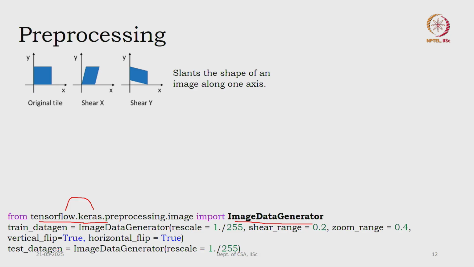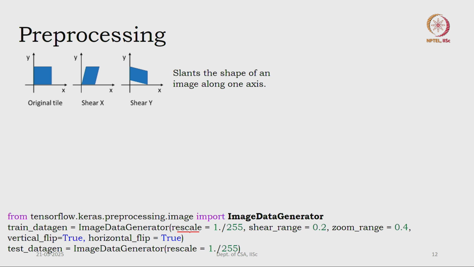And what all things will ImageDataGenerator take care of? It will first rescale. The first component that you will pass to this function is rescale. What is rescale? Rather than having values between 0 and 255, you can scale the values down to between 0 and 1.